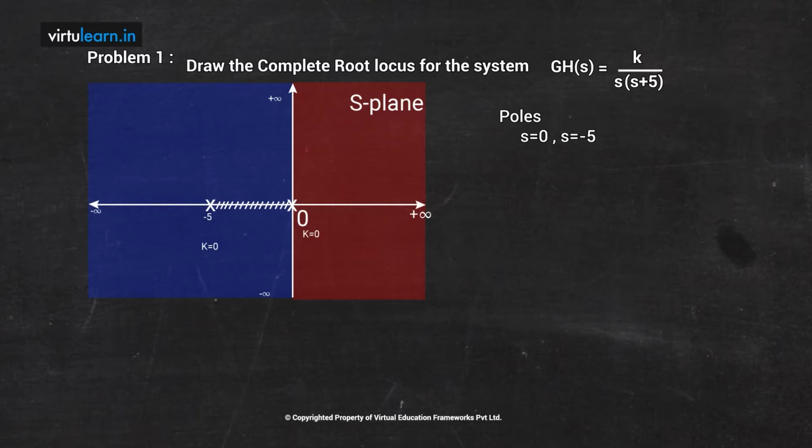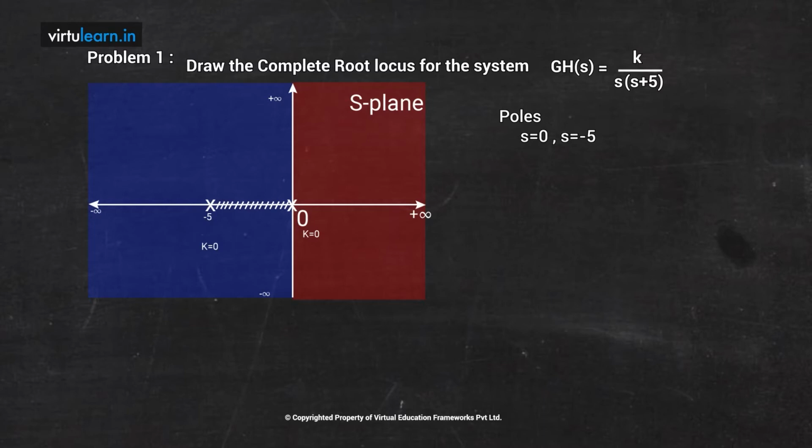If you want to check for root locus in the first segment, from 0 to plus infinity, take any point in that segment and count the poles and zeros to the right of it. There are no poles and zeros, so the count is even, therefore in that area we don't have any root locus.